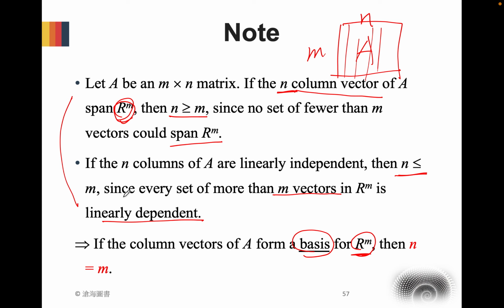The second statement means n should be smaller or equal to m. So if we combine these two statements, that means n should be equal to m. That means A is a square matrix. Okay?